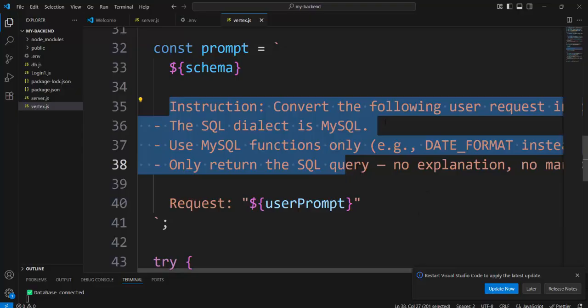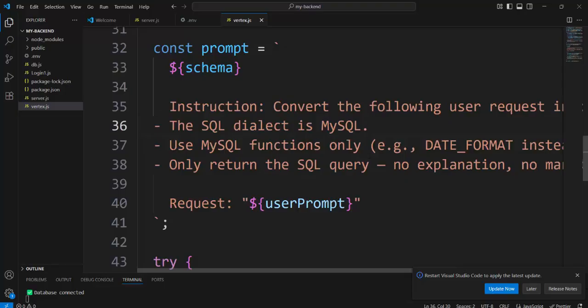For example, this part of the instruction we added later, when we had an error, because there are many dialects of MySQL, for example Lite and others.